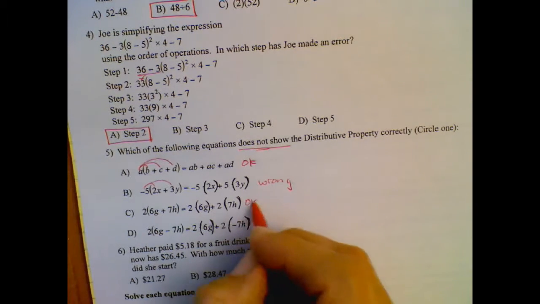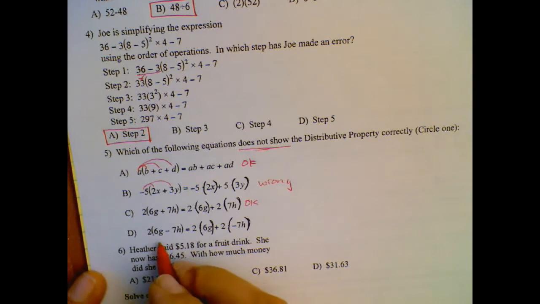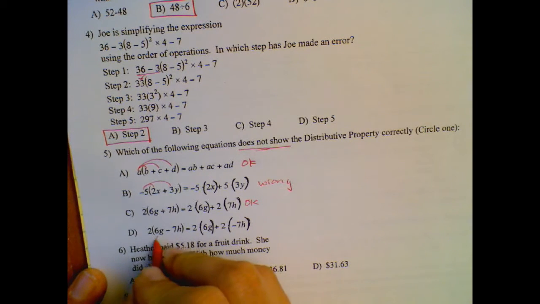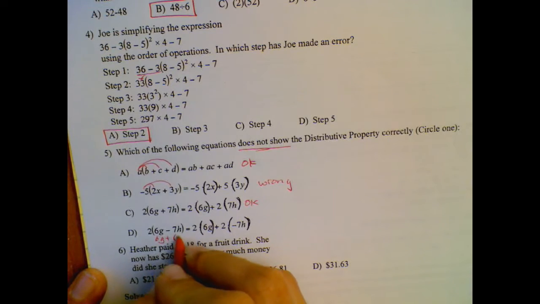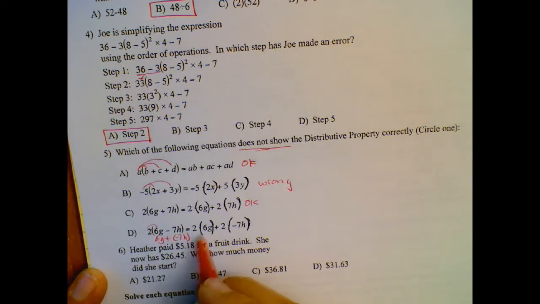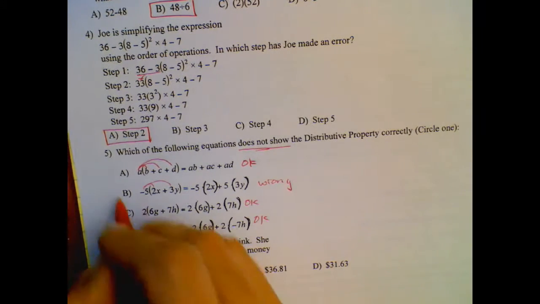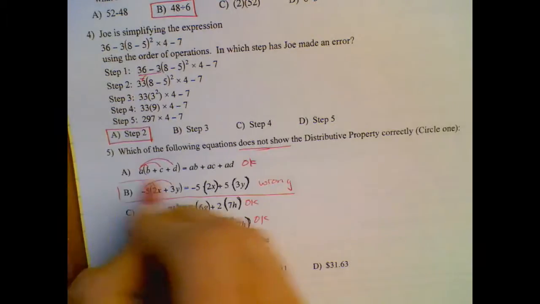That's okay. Here, if I wrote this as 6g plus negative 7h, I would have 2 times 6g, and that's that, plus 2 times negative 7h. So this is okay. So B is the wrong answer here.